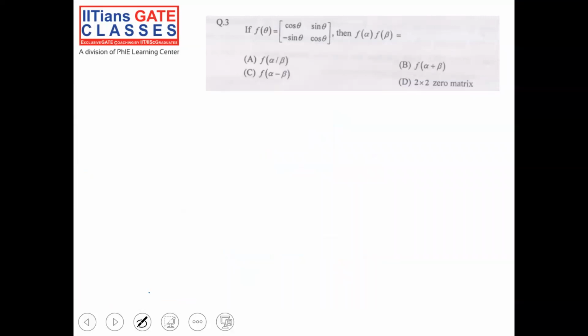The first question here is for 1 mark. They're asking us, if f of theta is cos theta, sine theta, minus sine theta, cos theta, then f of alpha into f of beta is equal to. So let's try to find out the answer here.